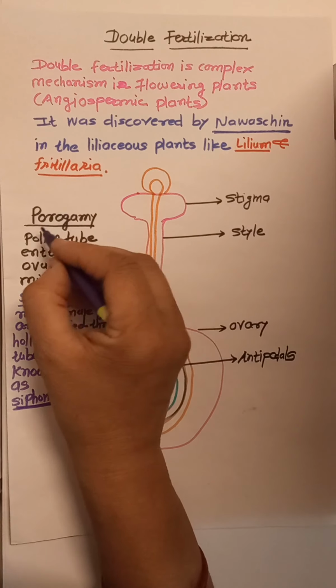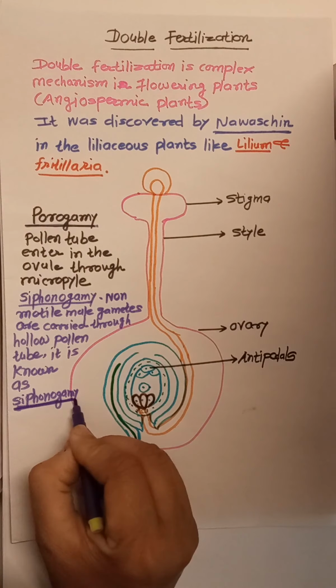First event of the double fertilization is porogamy, and second event is siphonogamy.